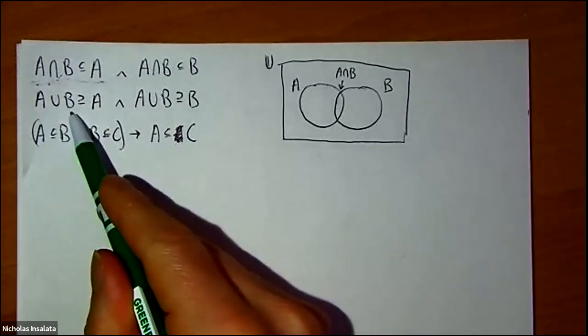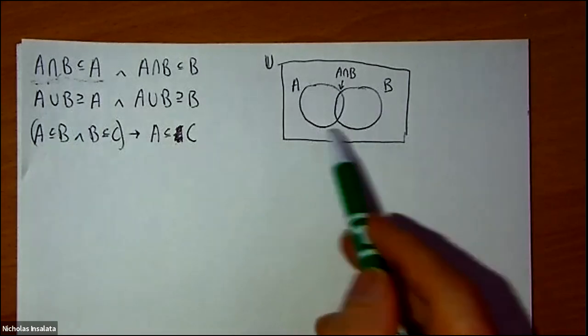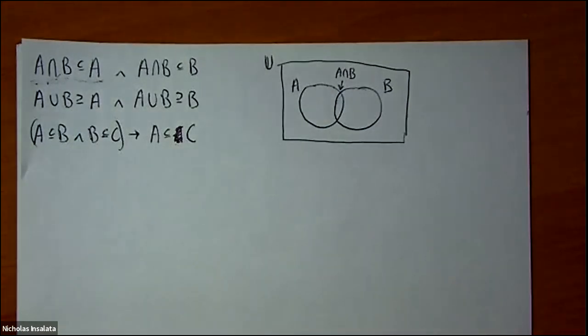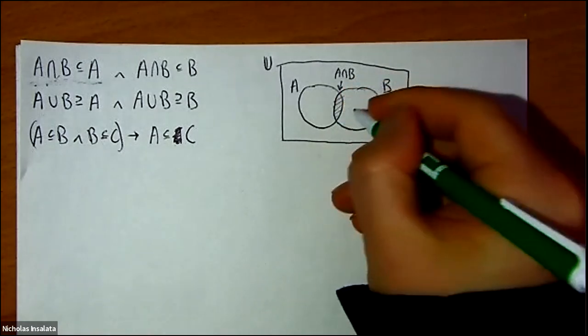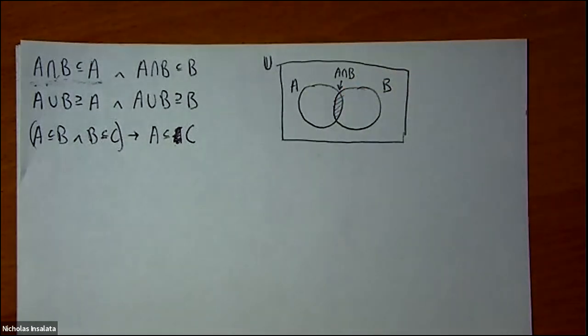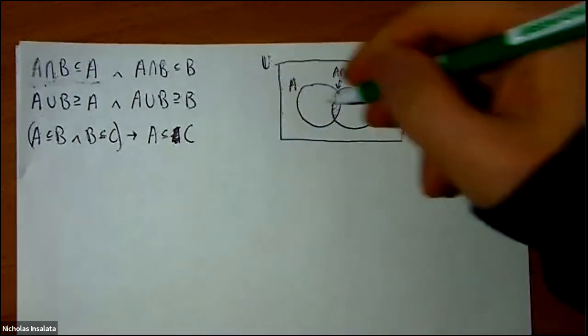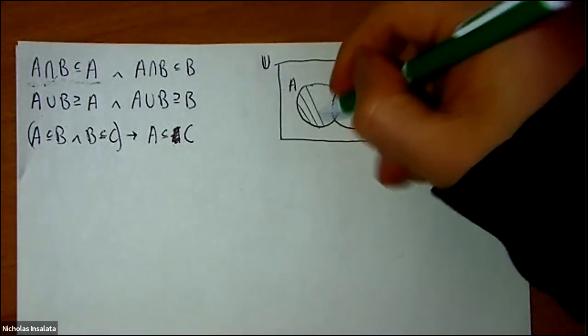So what about A union B? What would be A union B on this diagram? Both circles together. Okay, so I'm going to draw lines going the other way.